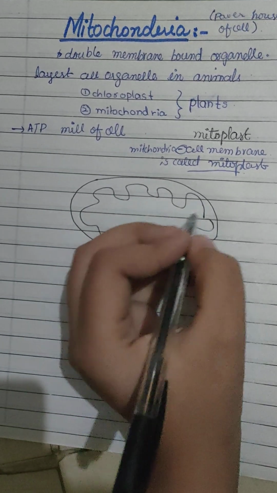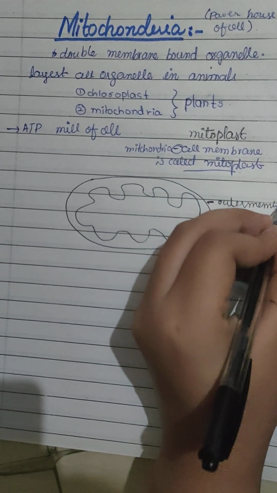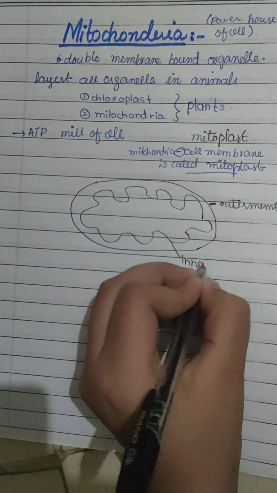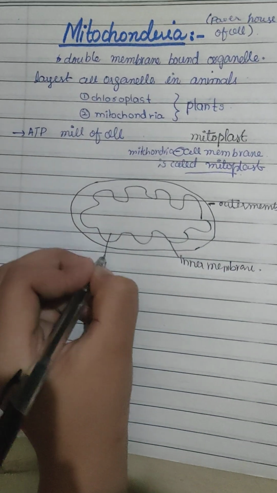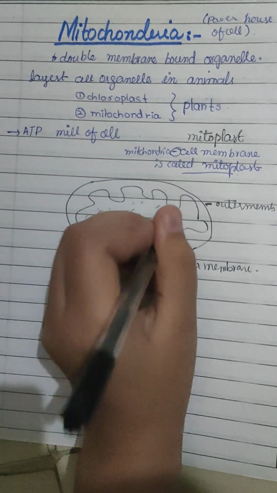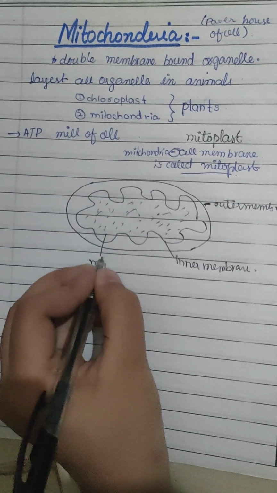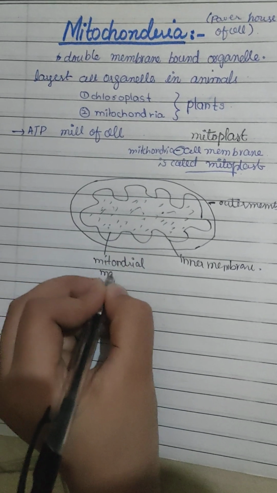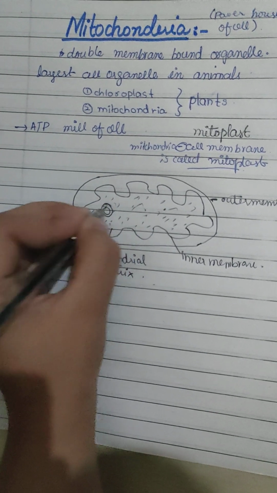This is outer membrane, this is inner membrane, this is mitochondrial matrix, and here we have circular DNA.